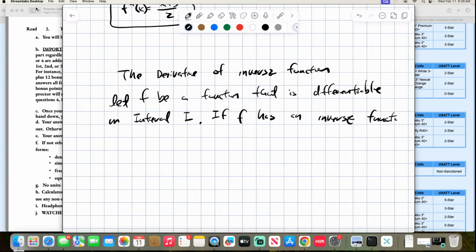How much time do I have? Yes, this is the last 5%.